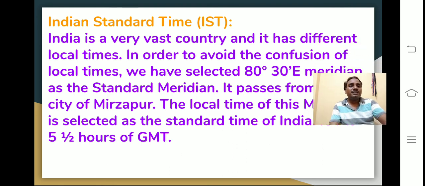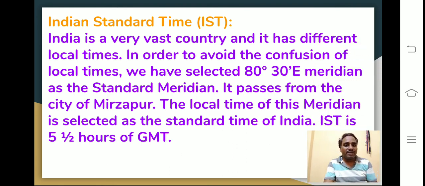Now Indian Standard Time, also called IST. India is a very vast country that falls into many longitudes, so it has different local times. In order to avoid the confusion of local times, we have selected the 82 degree 30 minutes east meridian as the standard meridian, and it passes through the city of Mirzapur, Uttar Pradesh.